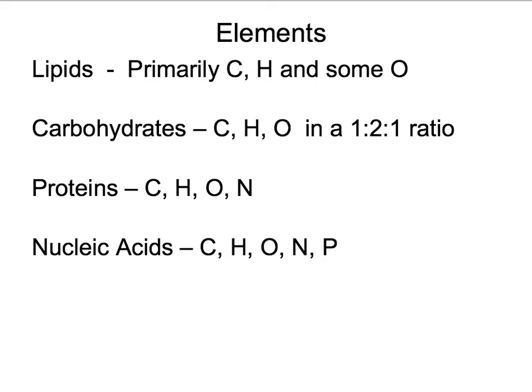Proteins are C, H, O, and N, carbon, hydrogen, oxygen, and nitrogen, and then the last is nucleic acids, which have carbon, hydrogen, oxygen, nitrogen, and then phosphorus, CHONP.